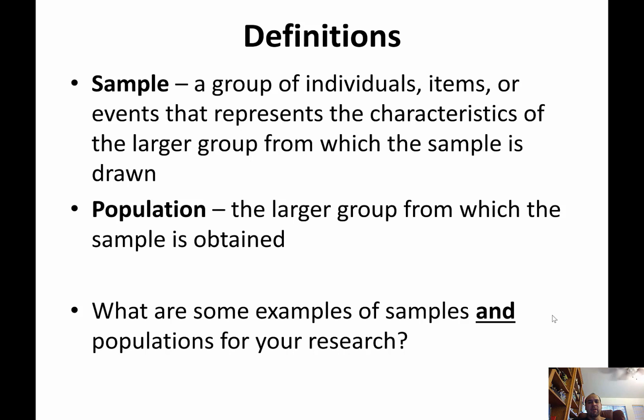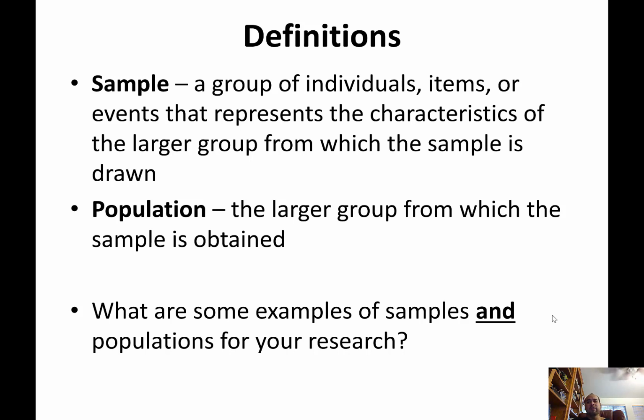So for example, if you were looking at Fresno State students, right? Fresno State students could be a population, and a sample among those Fresno State students could be student athletes. So student athletes are a sample of a larger group. Now, at the same time, it all depends on who you're comparing. You can also say student athletes are the population, where perhaps football players are the sample among that population.